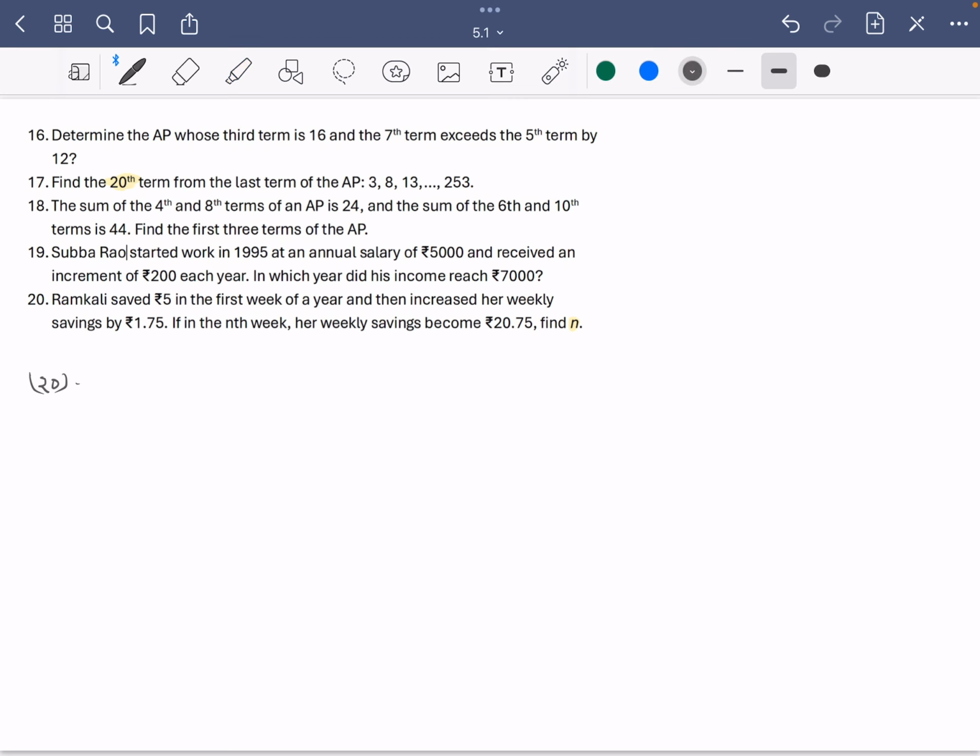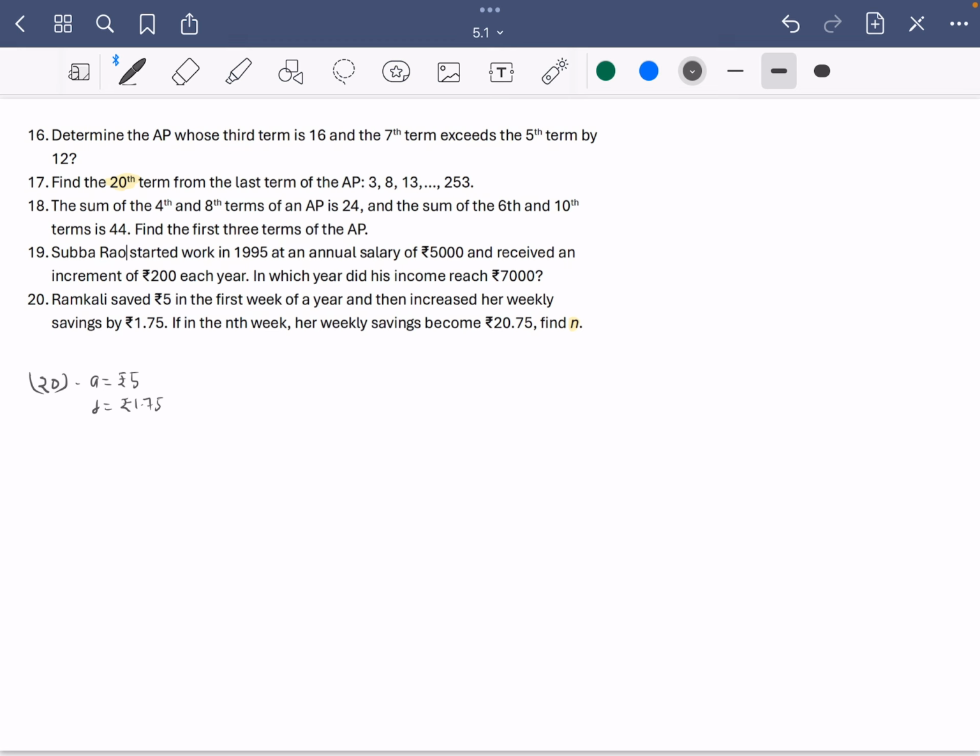She starts with rupees 5, so the first term A is going to be 5, and she adds each week 1.75 starting from 5. Now she adds each week rupees 1.75 or 1 rupees 75 paise. So the difference is going to be rupees 1.75. You are going to see an increment in amount by 1 rupees 75 paise each week.